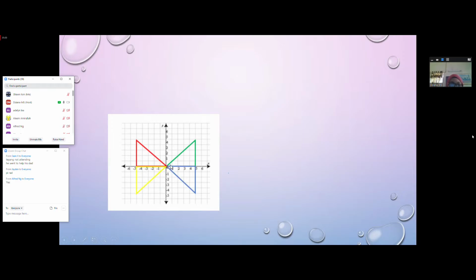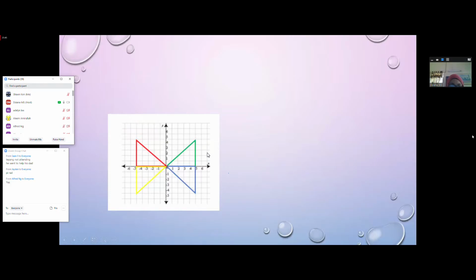This green one is a triangle in the first quadrant, this one in the second quadrant, the third quadrant, and the fourth quadrant. Where is the reference angle for each of these triangles?